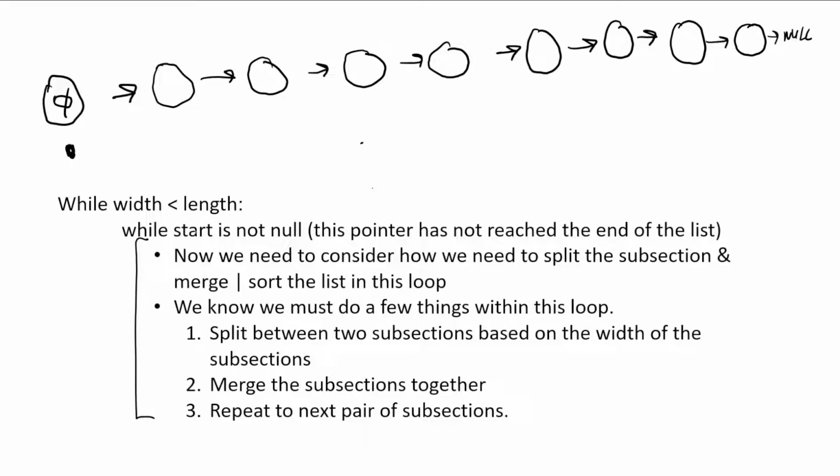This start node, or this start pointer, to give a little more detail, is pointing to the start of the pair for the subsection split and merge.